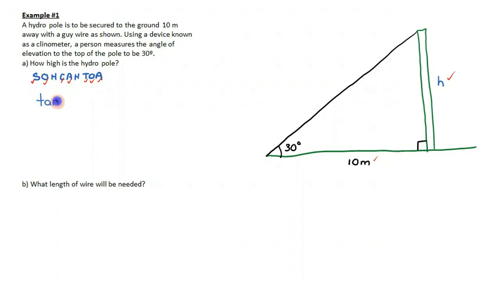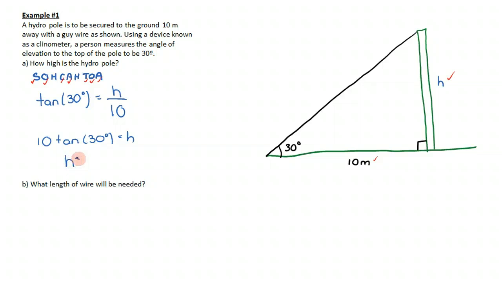So I know tan of 30 degrees, and again remember that degree symbol, is equal to the opposite, which is h, over the adjacent, which is 10. So when I rearrange this, I multiply both sides by 10, so I get 10 tan 30 degrees is equal to h.